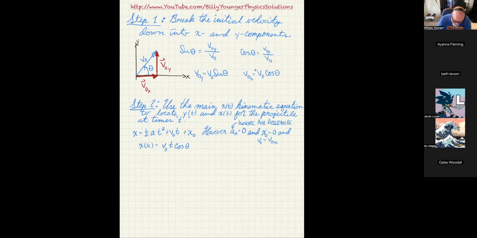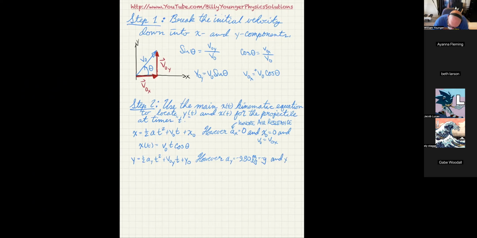Now we have the same thing for the y equation. Now specifically, this is a sub y t squared plus v0 y t plus y0. However, a y is equal to negative 9.80 meters per second every second, which is negative g.